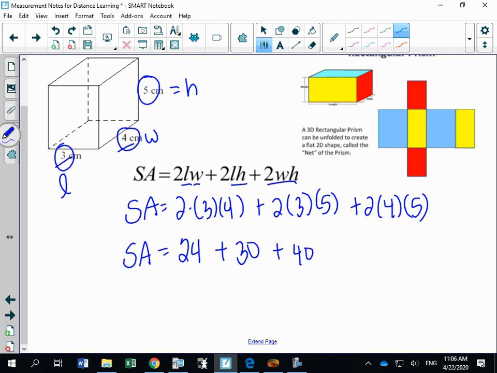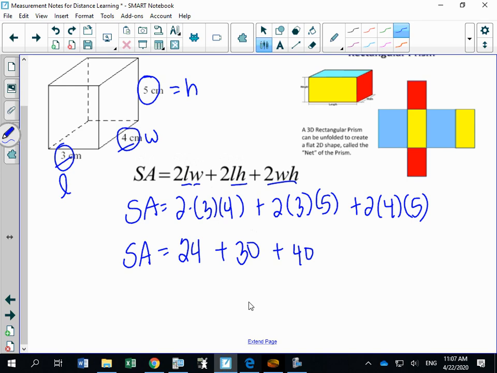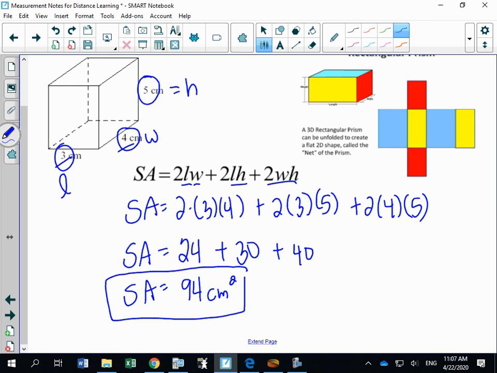You aren't actually required to put units until the very end, and I often tell my students to omit units until the very end because you will have too much writing if you include units in your intermediate steps. Surface area is equal to 24 plus 30 plus 40, which is 94 centimeters squared. And that would be the surface area of that object.